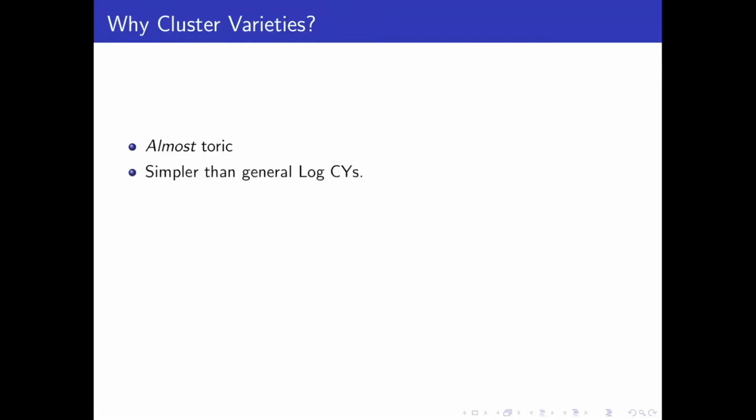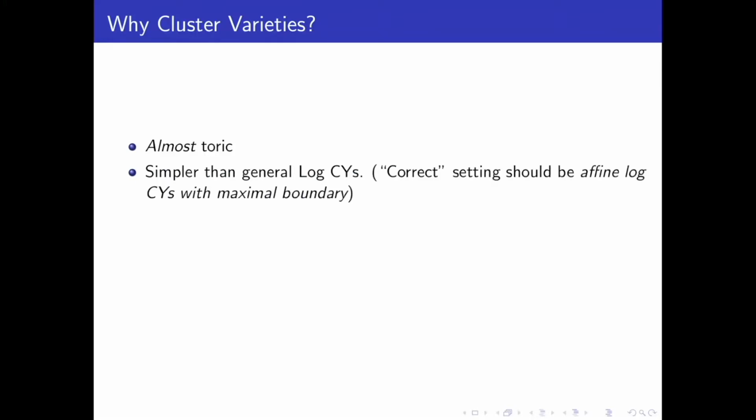Next, it's a lot simpler than the general log Calabi-Yau setting. It's more general than toric varieties, but less general than log Calabi-Yaus, where things can be a bit tricky to work with. Really the setting that we would want to work in here is affine log Calabi-Yaus with maximal boundary, but the machinery to work in this level of generality isn't fully developed yet, so we work with what's available.